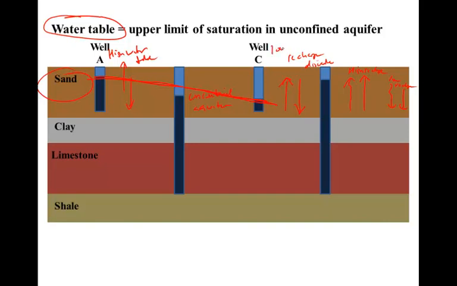Lower water table at well C. And groundwater, just like surface water, flows from high to low elevation. So water in the upper or unconfined aquifer is flowing from left to right in this example.